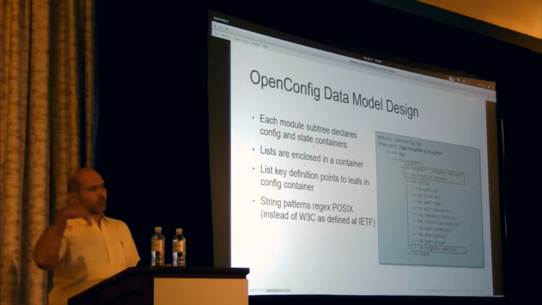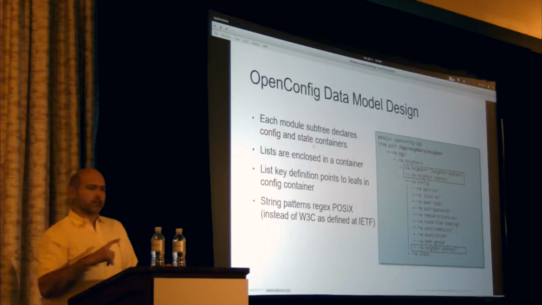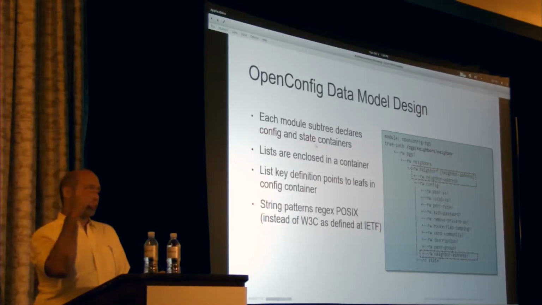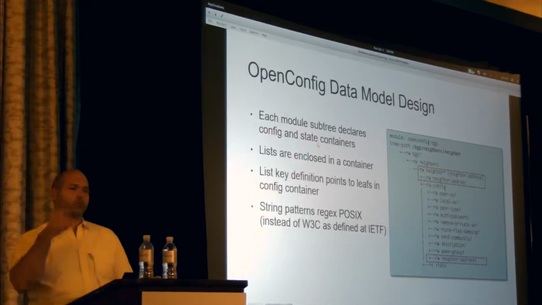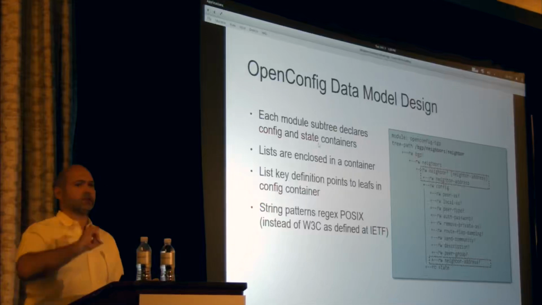So at pretty much any point in the model, you can look for two main containers, two main sections, one that defines the config and another that defines the state. And you're always going to see that the leaves under config also show under the state, because remember the concept of intended versus applied configuration.